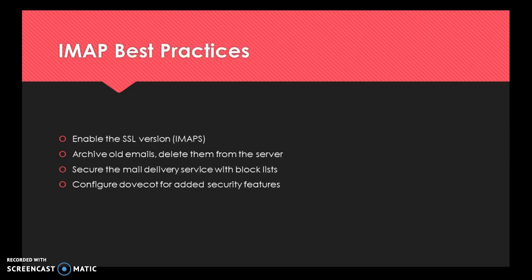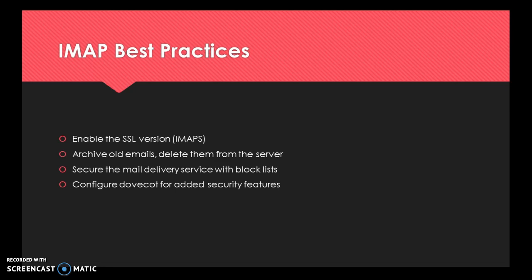So obviously getting IMAPS is one of the hardening recommendations and best practices that you can use when you're using the IMAP protocol. Some other things with IMAP, obviously you're communicating between a mail server and a client. So you have to understand how IMAP interacts with the mail server.